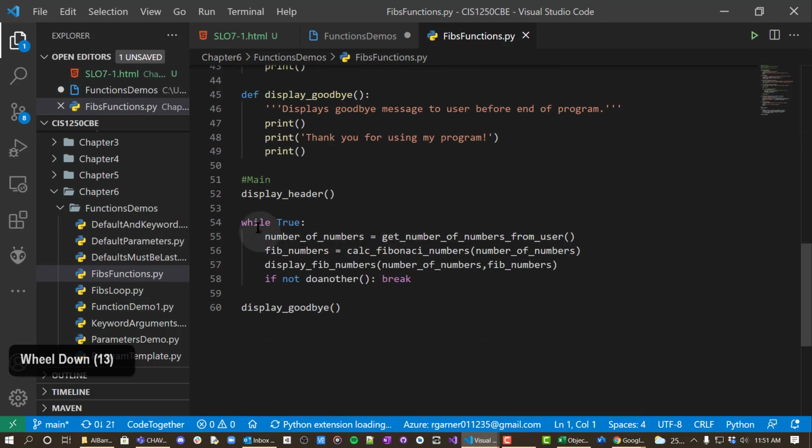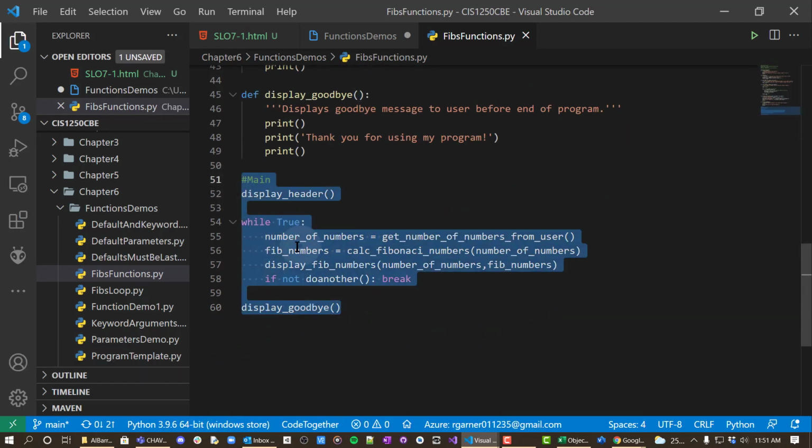For example, we can see we have our main part here, and we are calling our functions like a procedure. It's like we gave the procedure to a person, and they're just running these instructions one after the other.